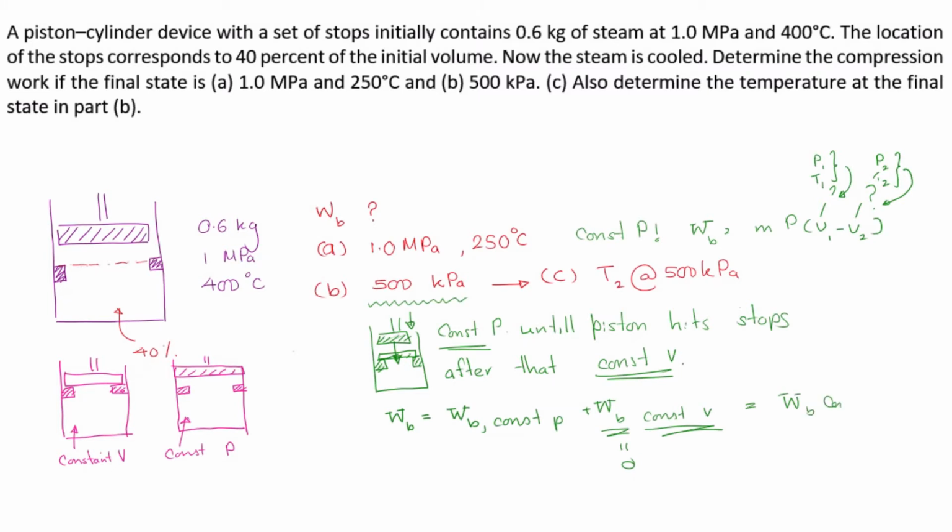So we can neglect that work done during the constant volume process, and we can write WB is equal to WB for constant pressure process. So we can write WB is equal to m P (V1 minus V2). In this case, V2 is equal to 0.4 into V1.